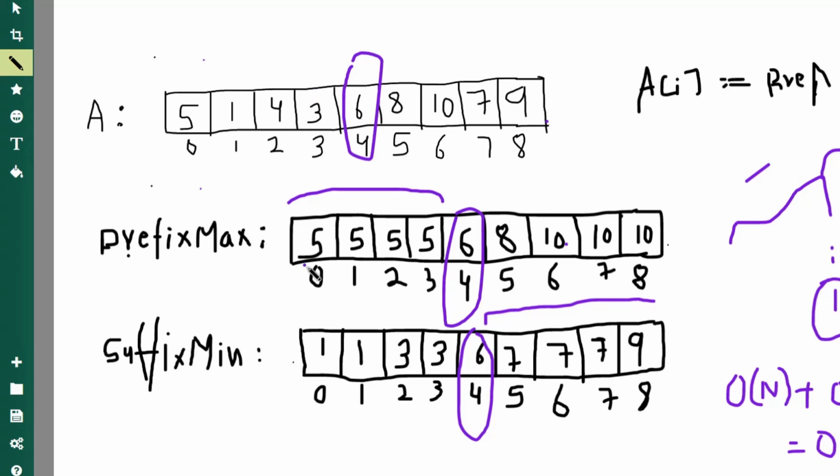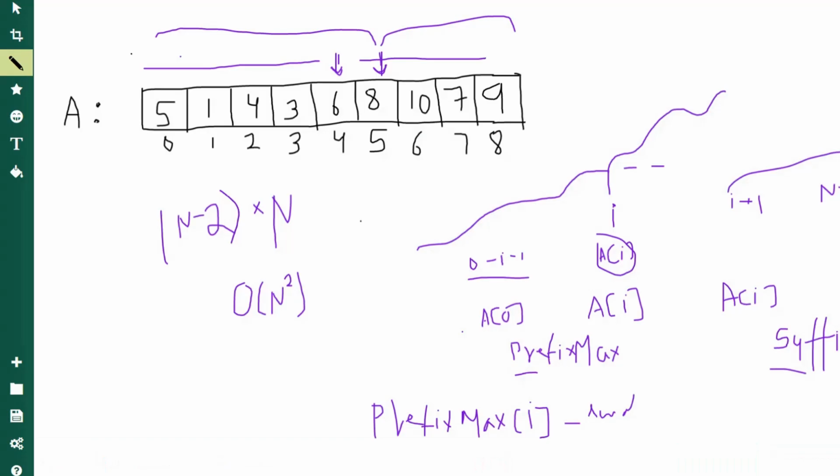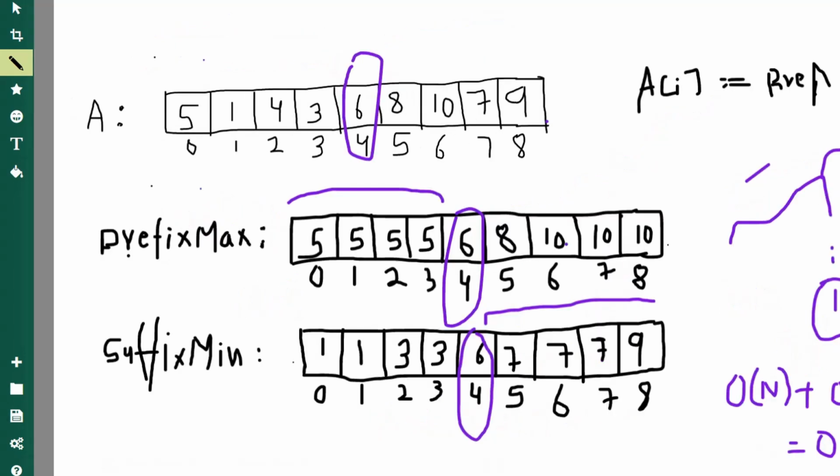So in that case all we have to do is skip that element, because that does not satisfy the perfect peak of array property. So let's see the implementation part.